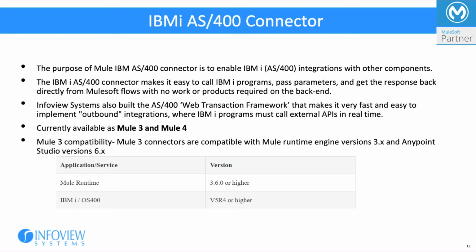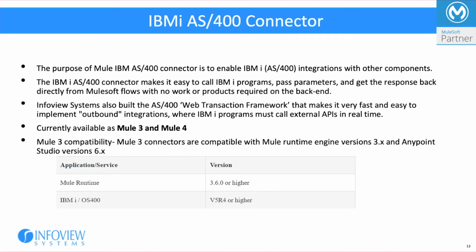For the IBMi AS400 connector, we did the first release in 2015 for MuleSoft version 3. Later, once the Mule 4 beta version was released, we were the first partner who migrated our connector to Mule 4 and got certified by MuleSoft and released in the Anypoint platform.